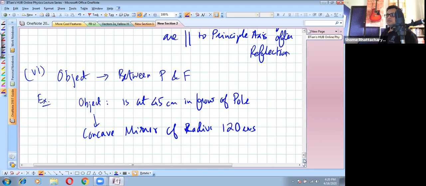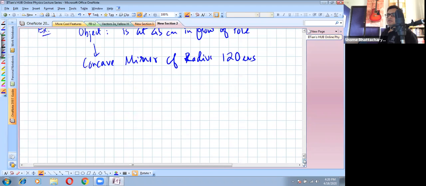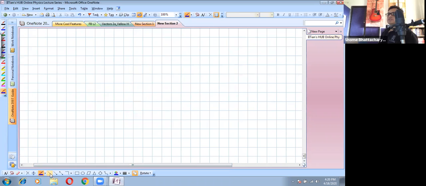Yes, Manishka, you are correct. So let me first make the estimated ray diagram. Yes, Ganesh, correct. Very good.